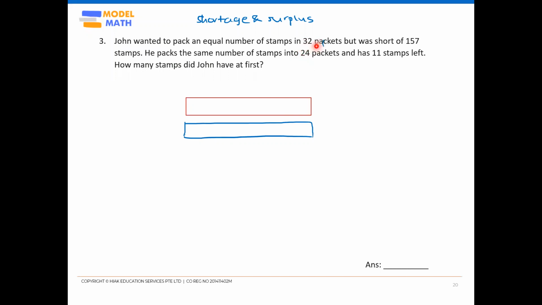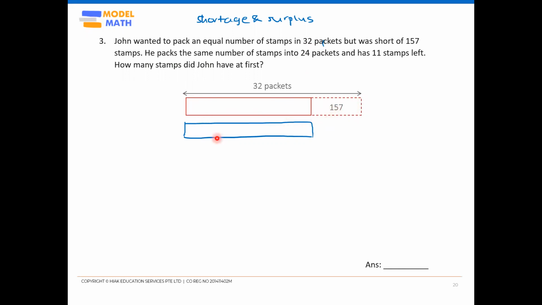So I will need to gain another 157 stamps, using dotted lines to do the extension. With another 157 stamps, I can now finally afford to pack everything into 32 packets. So your 32 packets stretch out from here to here.